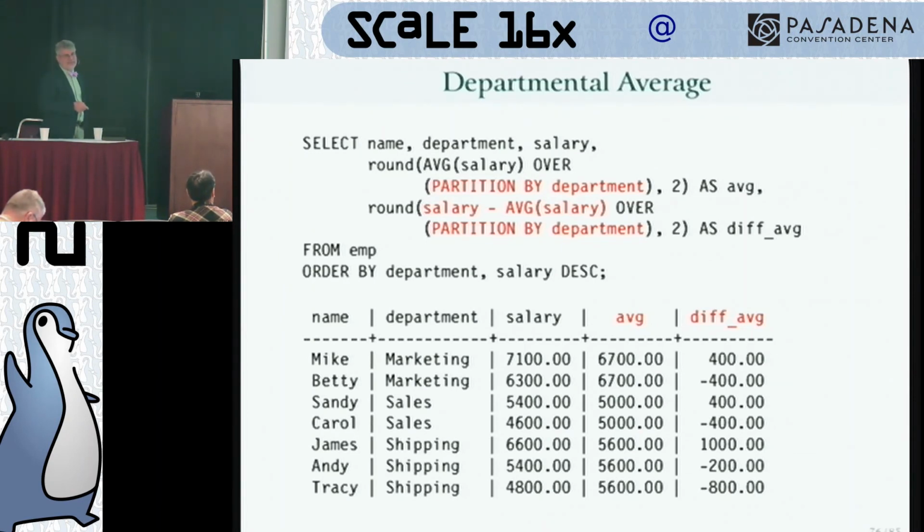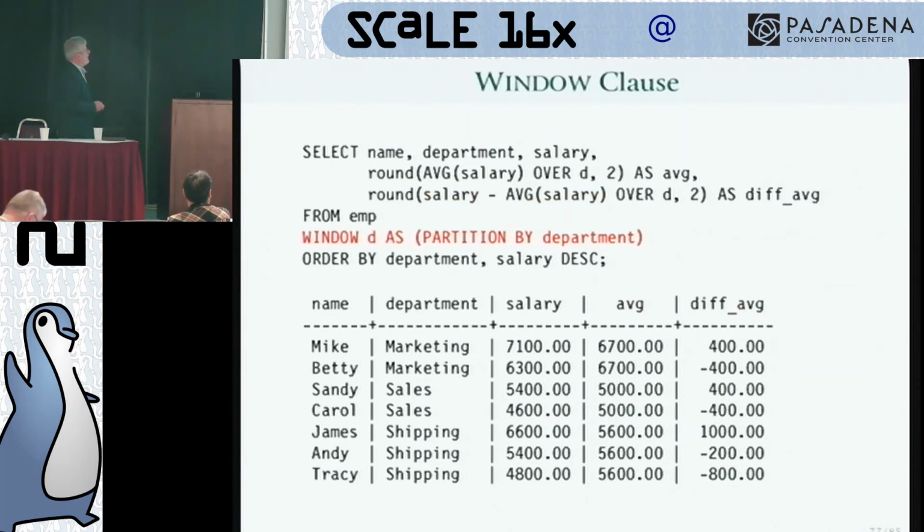Like, let's say you wanted to omit James from the list, but you wanted Andy and Tracy to go to the line 800. You could do it in the where clause here, I think, because these over clauses aren't really affected by the where clause. They're sort of independent inside of there. So the question is, could you exclude somebody and still have them in these calculations? Absolutely, you could. So here, instead of saying partition by department, I can create a window called D and then specify D in these cases, right? Kind of pull it together a little bit.